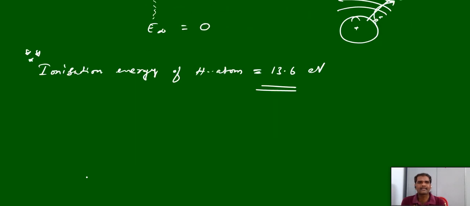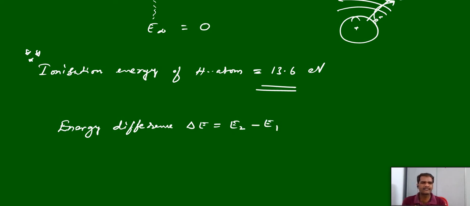And if you want to calculate the energy difference between two successive shells, delta E is equal to E2 minus E1.